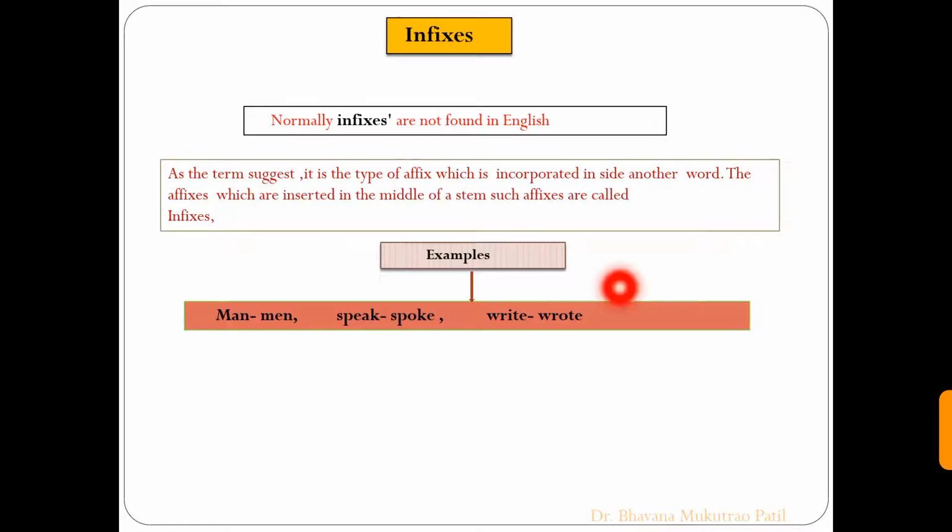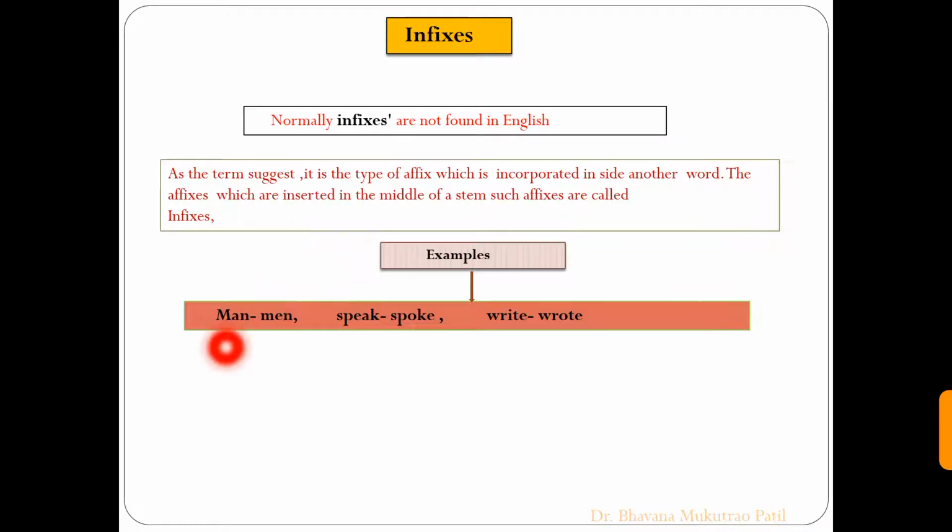Now the second type is infix. Infix is normally not found in English, but the term infix is suggested; it is a type of affix. It is incorporated inside another word. The affixes which are inserted in the middle of the stem, such affixes are called infixes.